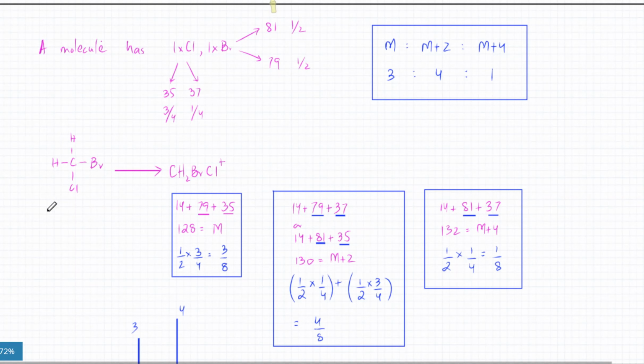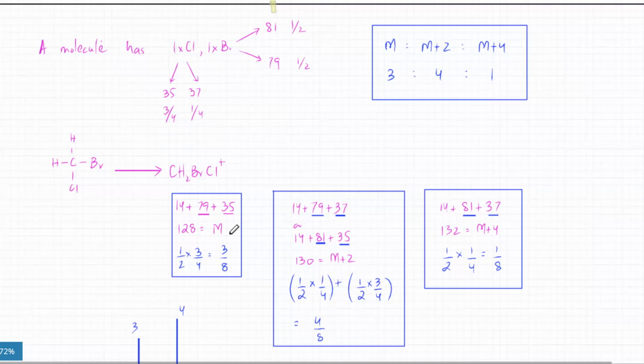So if I have a molecule like this and it turns into a molecular ion and I'm detecting the molecular ion, how many masses will it have? It would either be the lighter version, which is carbon and 2 hydrogens, that's 14, plus bromine 79 and chlorine 35. So that would give you a mass of 128.